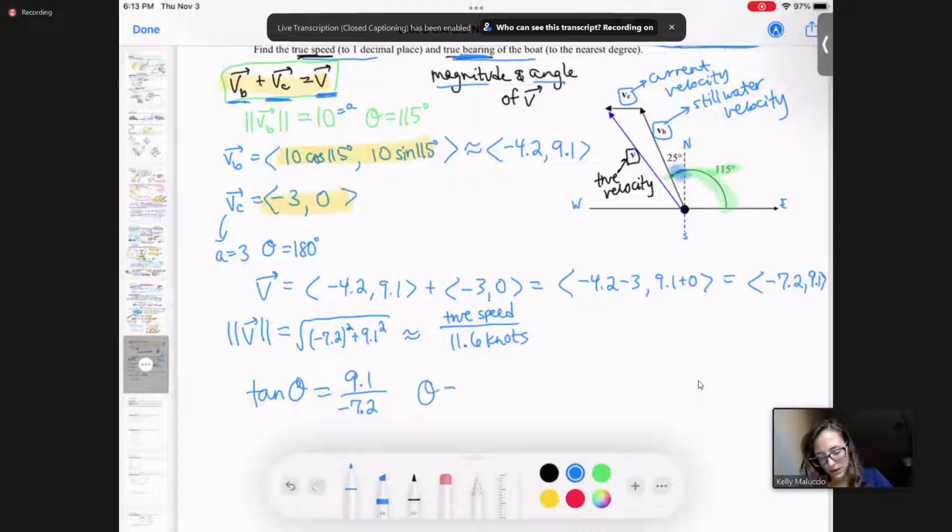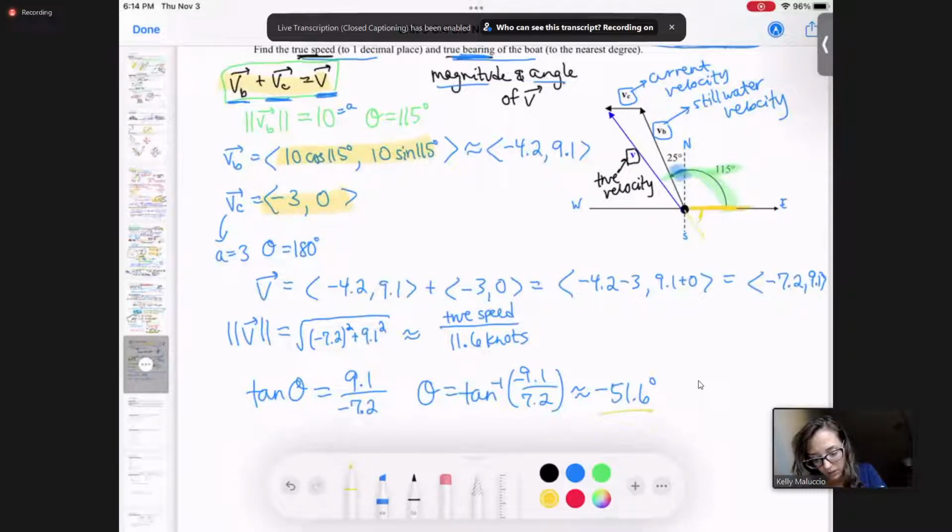So I'm going to say theta is inverse tangent of negative 9.1 over 7.2. And I get approximately negative 51.6. Okay, so what this means, in degrees, I'm in degrees here, is that my angle is negative. The angle I'm solving for is from the x-axis, the negative 51.6.